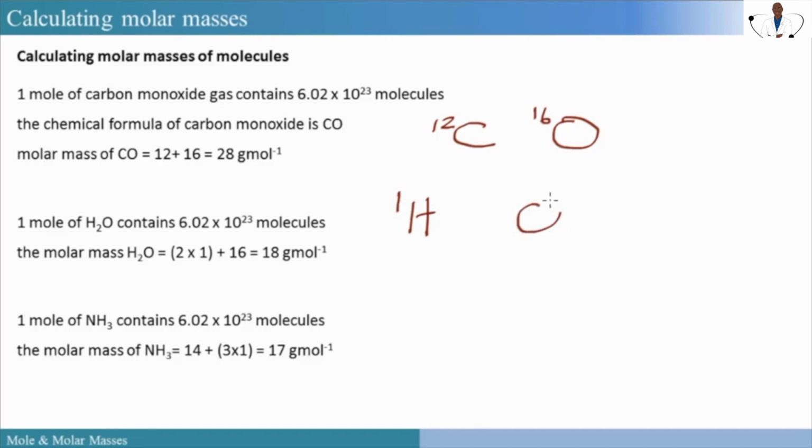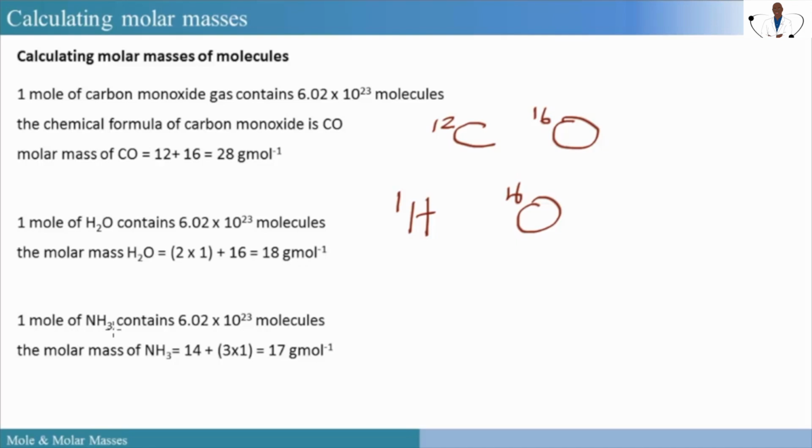For oxygen, it is 16. But remember that water is H2O, so we have 2 hydrogen atoms. Hence, it is 2 times 1 plus 16. So the molar mass of water is 18 grams per mole.